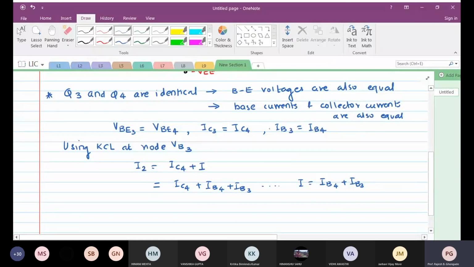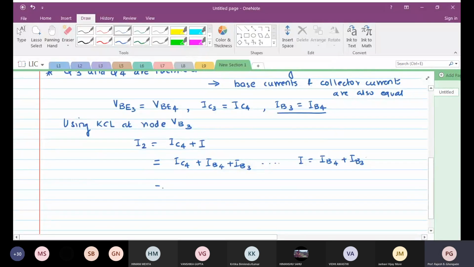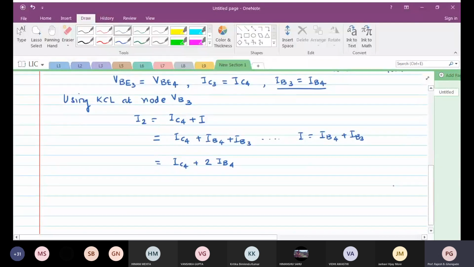But we have already established that IB3 and IB4 are equal. So can I write it like this? I2 equals IC4 plus 2 times IB4. I can also write this as IC3 plus 2 times IB3.